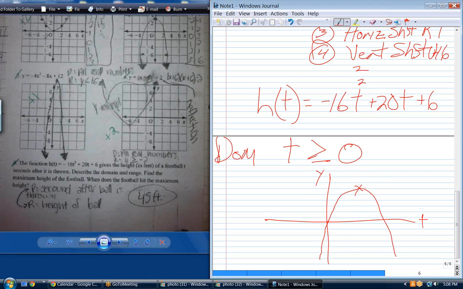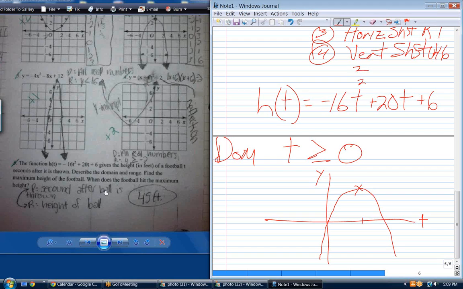So if we can find out the coordinates of this vertex, we're going to answer this second to last sentence, and we're going to also answer the last sentence. When does the football hit that height? Well, what's the t-coordinate of that? So if I can figure out the x or the t and the y coordinate for this vertex, I'll answer everything that they're asking. So where is this vertex located?